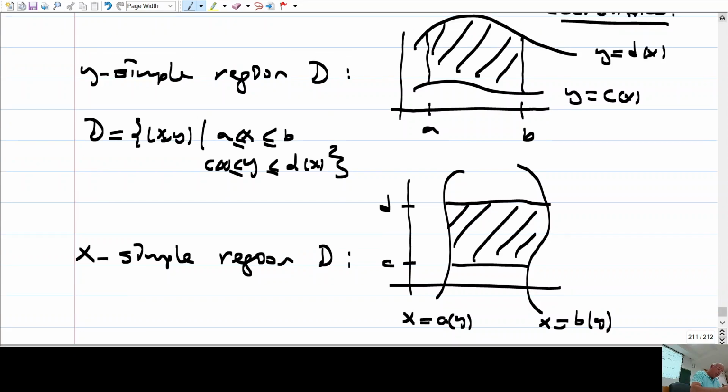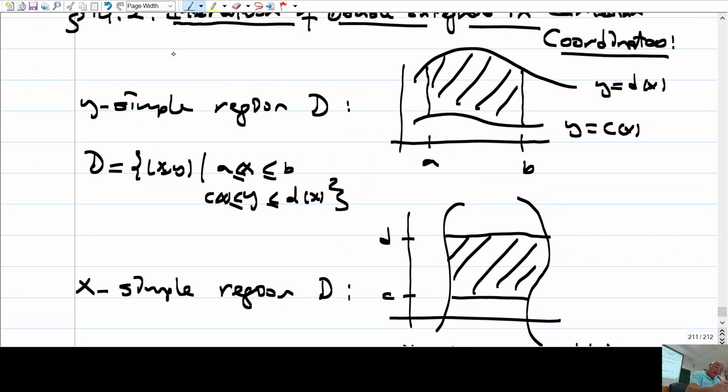For any x value, this point is c(x), and this point is d(x).